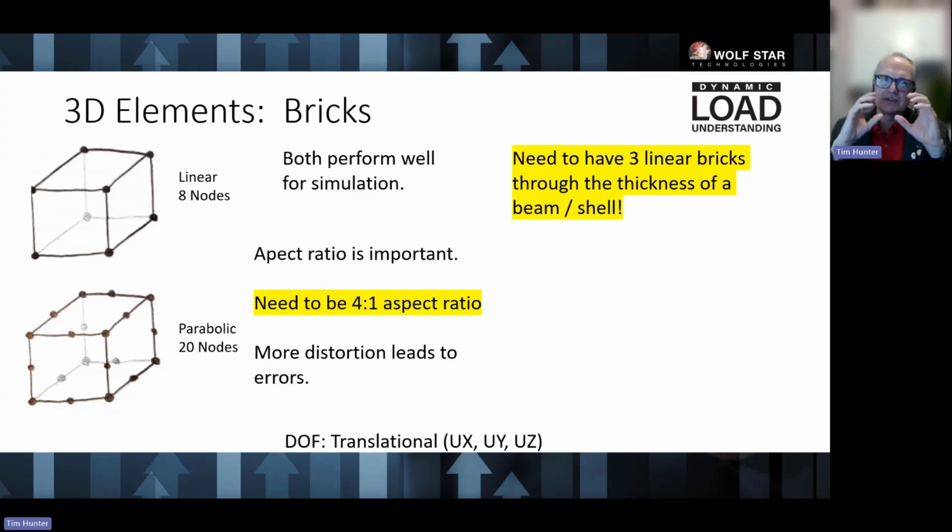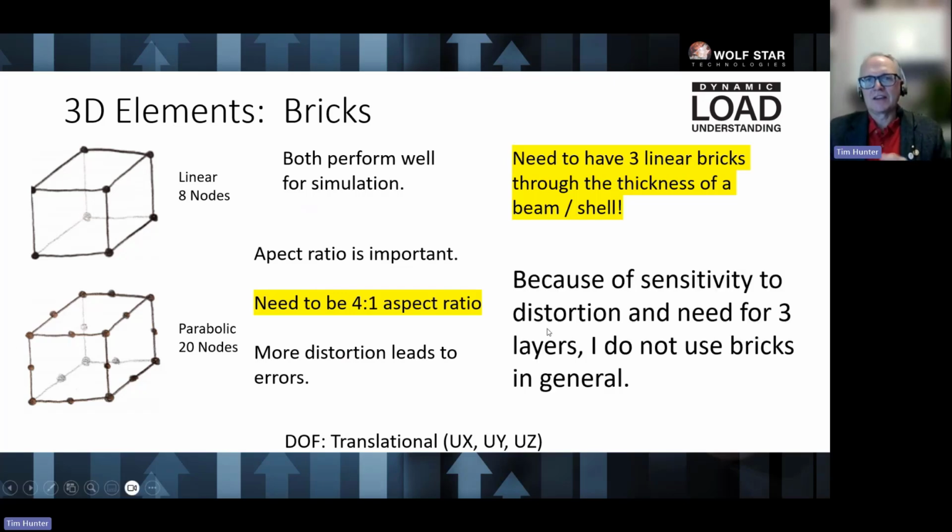So you've got to model 3 thicknesses of brick elements through the thickness of a plate or bar. Because of that sensitivity to distortion and the need for 3 layers, I almost never use bricks. I know the old guys think bricks are the only way to go, but this is where I am at: because you've got to have 3 layers through the thickness, I almost never use them.